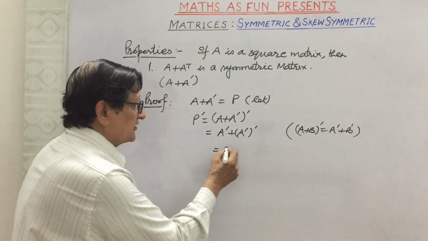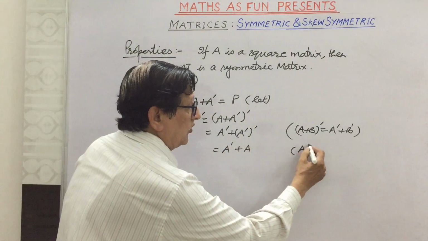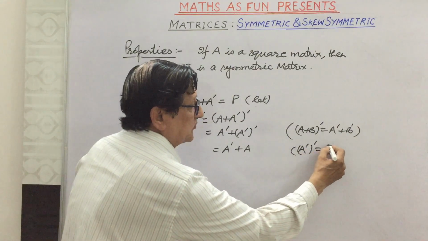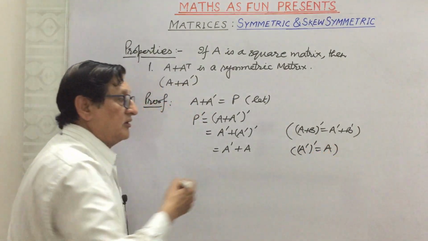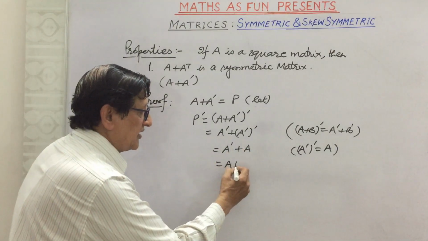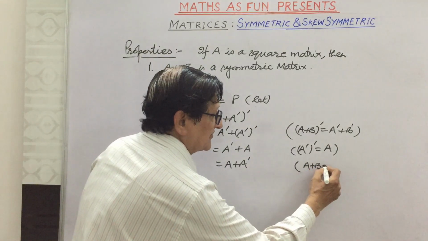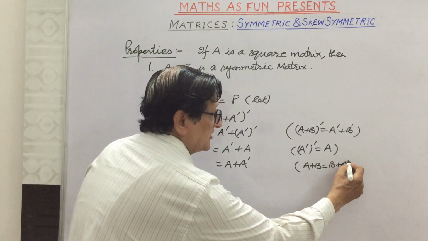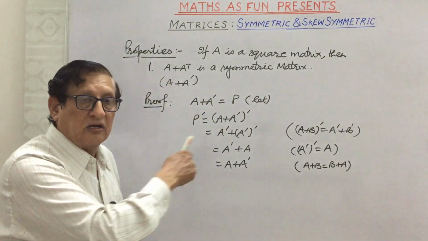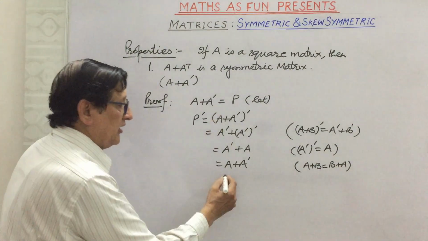We can also write this as A dash plus A. Why? Because we know that the transpose of the transpose of a matrix is equal to itself. Can we also write this as A plus A dash? Why? Because we know that A plus B is equal to B plus A. Addition of matrices is commutative. And this is equal to P.